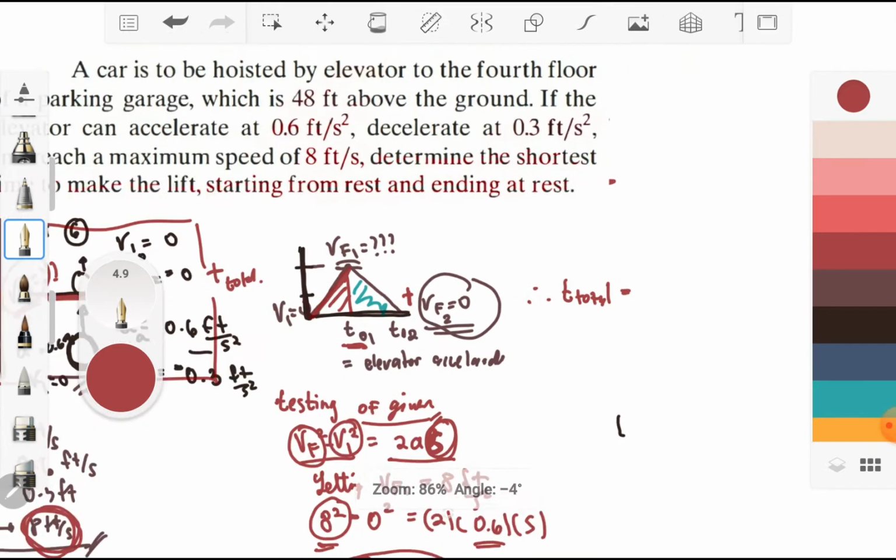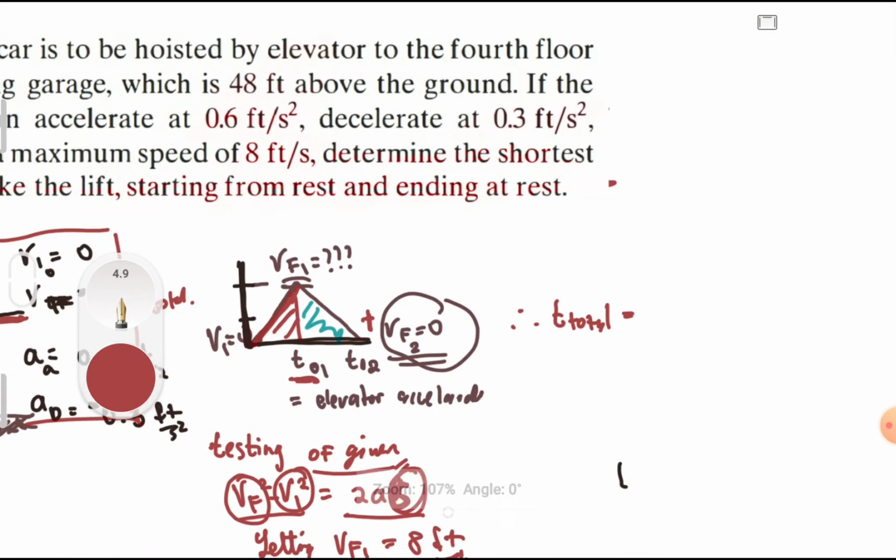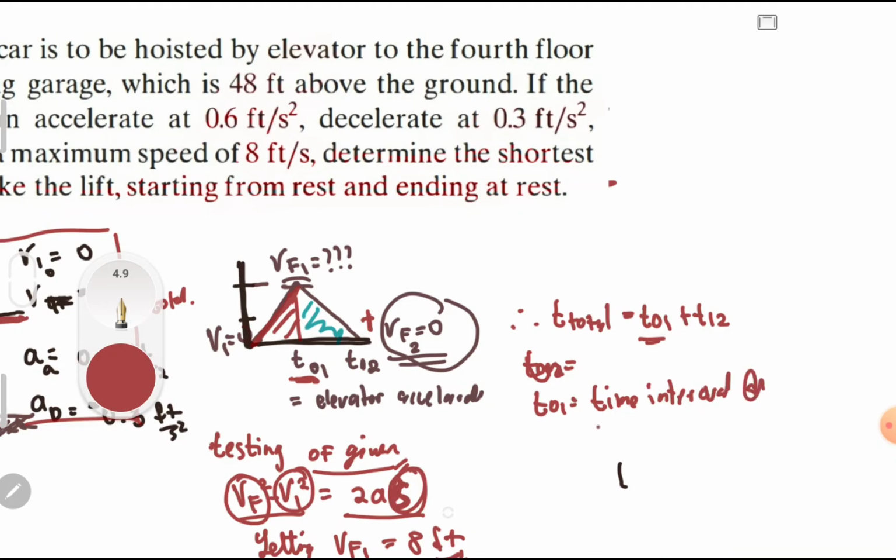Okay? So, therefore, my time total will be equal to, I will put this T01 plus T12. So, take note that T01 is the time interval at 0 to T01 or at acceleration pag mag-accelerate yung body natin.